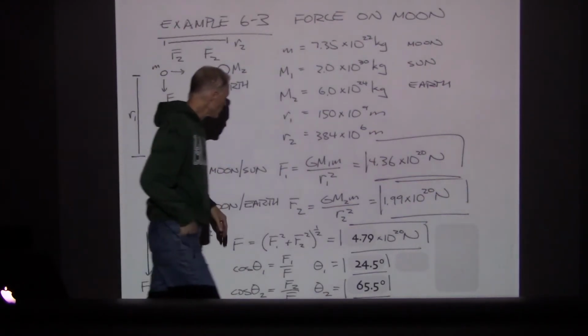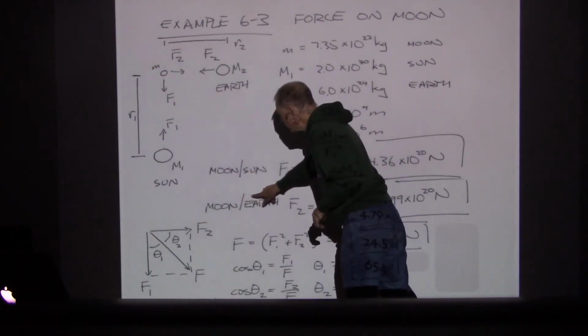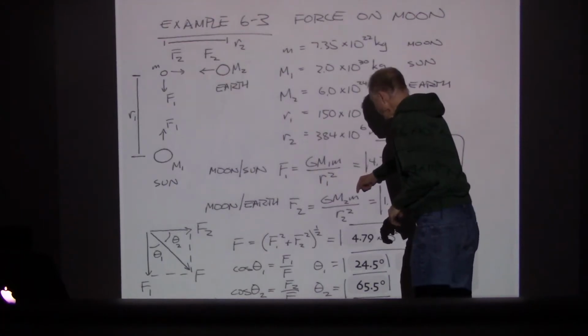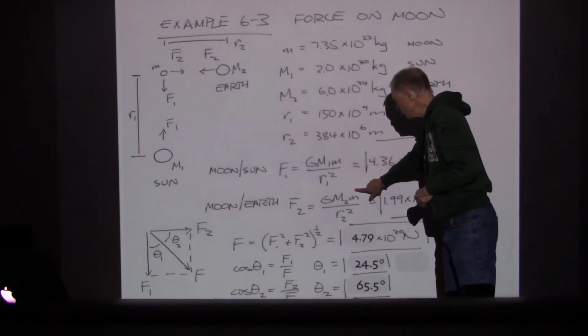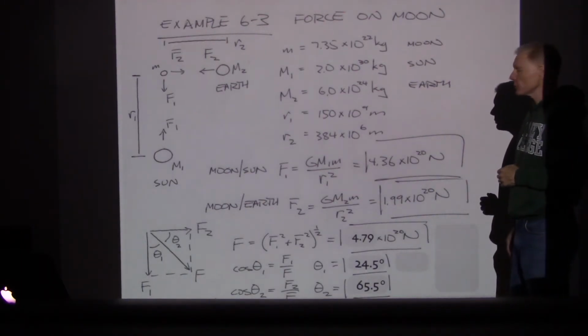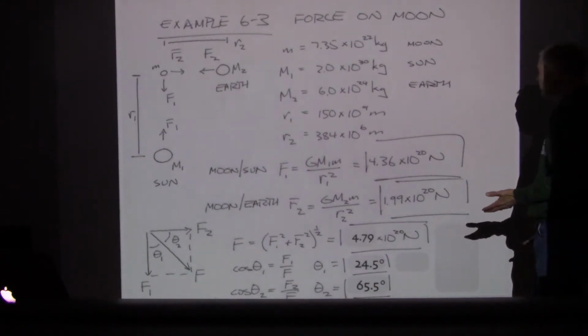Now if I look at the force from the Earth, how much force is acting between the moon and the Earth? That gravitational force uses the same formula: we put in the mass of the moon, the mass of Earth, and divide by the center-to-center distance squared. And that turns out to be kind of interesting.